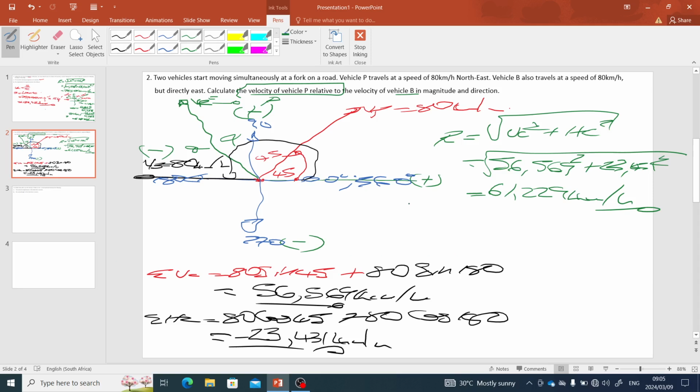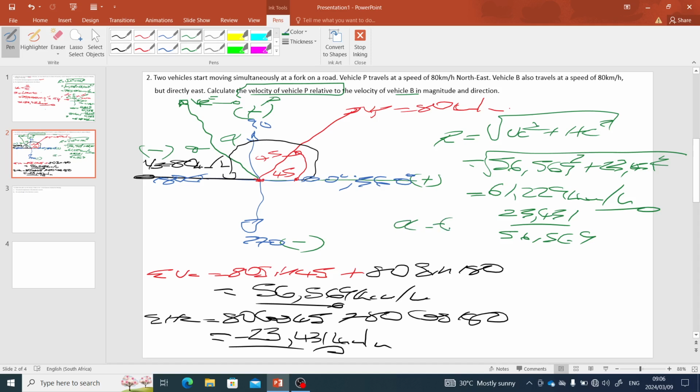Now in calculating, we will calculate tan alpha. Then it will be 23,431 divided by 56,569. Let's say the inverse. By now we know how to.